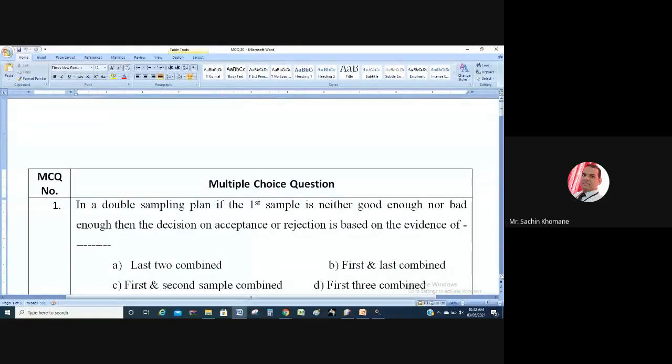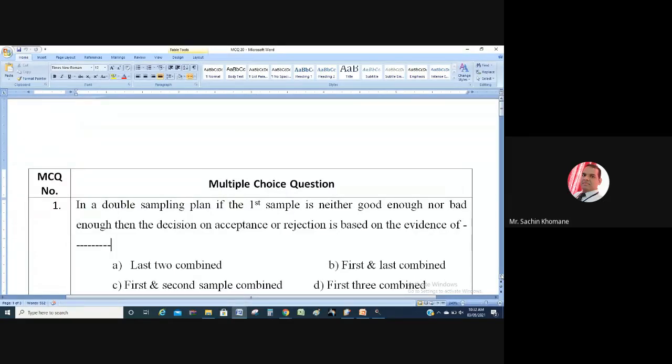In a double sampling plan, if the first sample is neither good enough nor bad enough, then the decision on acceptance or rejection is based on the evidence of: last two combined, first and last combined, first and second sample combined, or first three combined.